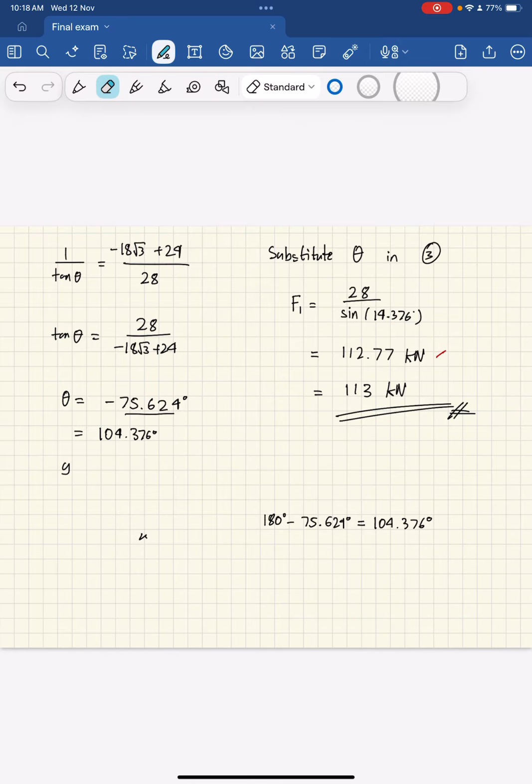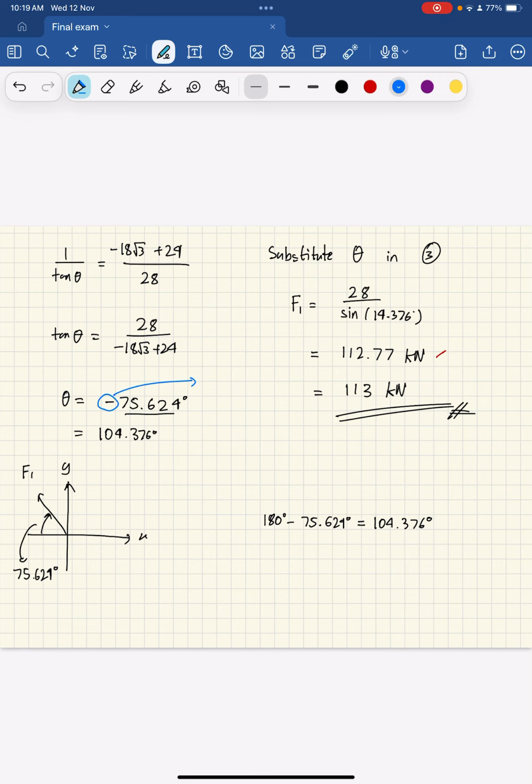Our f1 is like this. Okay, our f1 is here, and this is the angle that we found earlier, 75.624 degrees. The whole idea of this negative sign is to show that it's going clockwise.